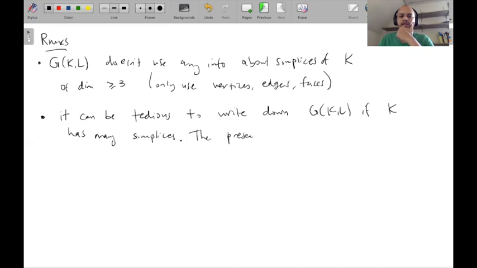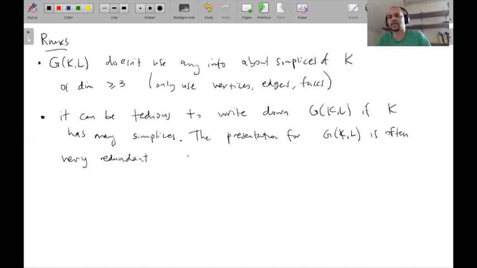The presentation for G_{K,L} is often very redundant, which is part of what makes it so tedious. And this is actually a problem, in terms of, so you have this group presentation and it's redundant. A lot of the generators maybe aren't actually necessary.